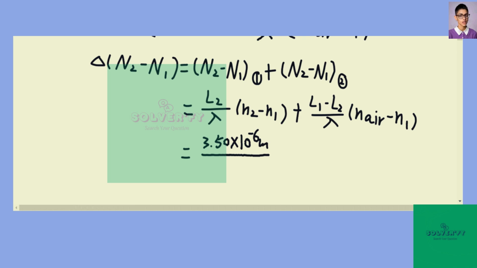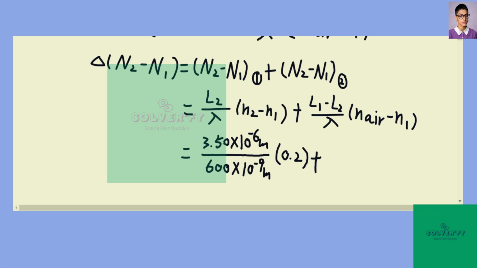So it's 600 times 10 to the power of -9 meter times n2 minus n1, which is 1.6 minus 1.4. So it's just simply 0.2, okay?